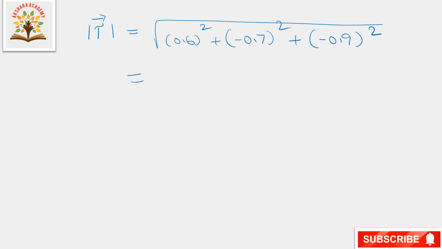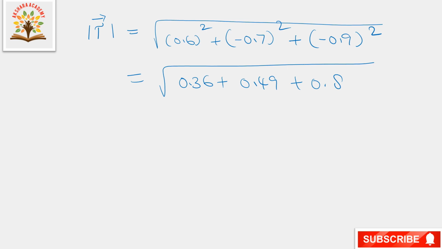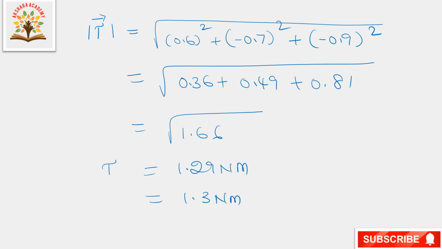So that is equal to root of 0.36 plus 0.49 plus 0.81. So this is equal to root of 1.66. So now tau is equal to 1.29 Newton meter, or this can be written as 1.3 Newton meter. Okay. Next we will go to the next question.